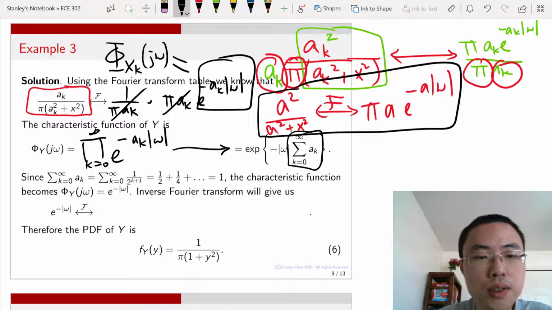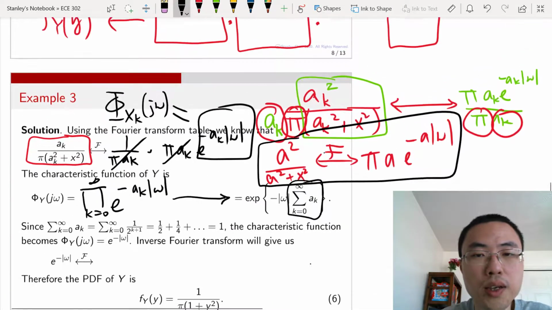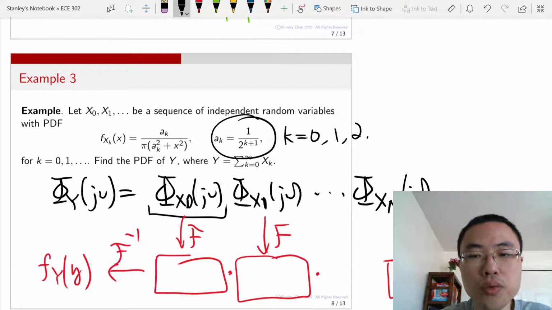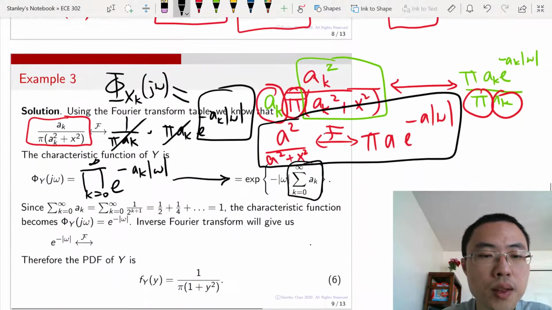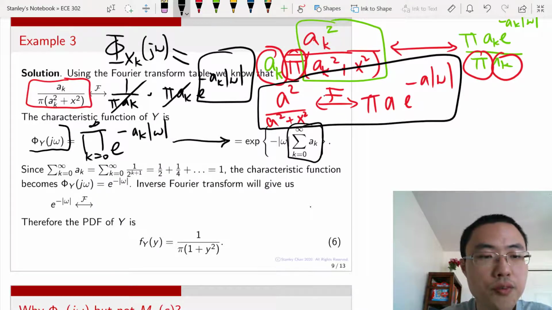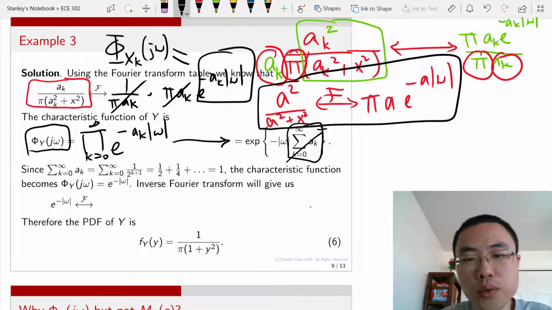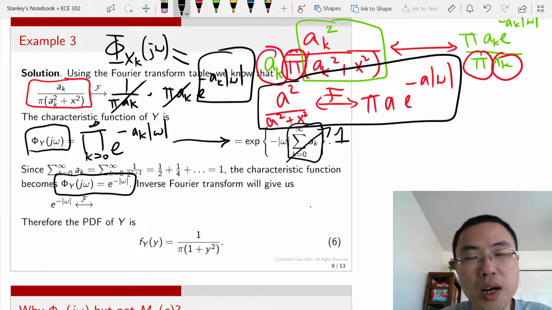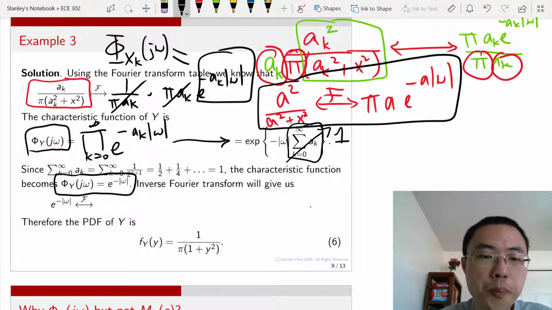And then you can calculate the infinite sum. This infinite sum is just summing over all these 1 over 2 to the power k plus 1. That is given by your problem. And remember, k has to go from 0, 1, and 2 to infinity. So when you plug that number in, you can show that that will sum to 1. And therefore, your characteristic function of y, with this term going to 1, you will only have this e to the power minus absolute of omega.